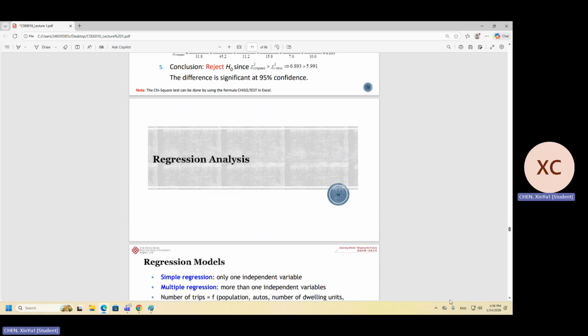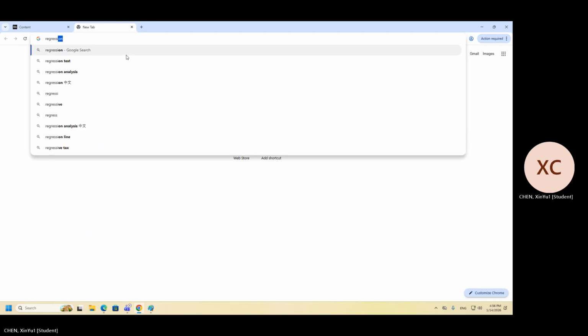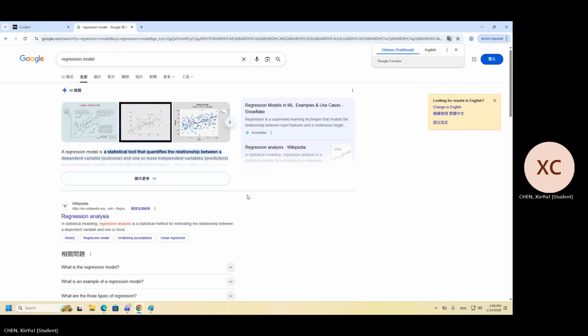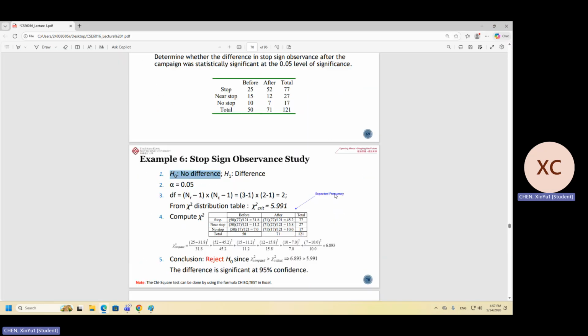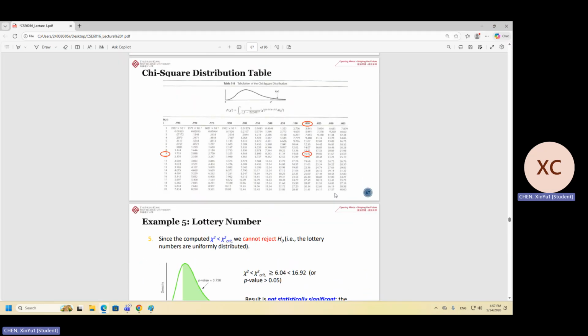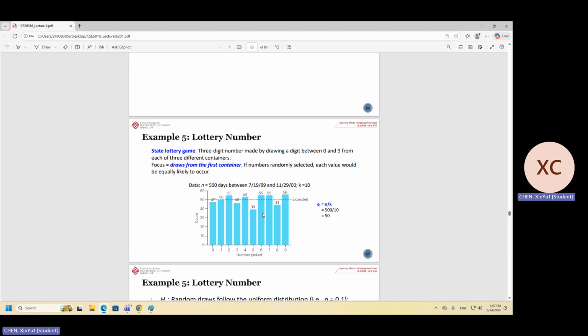So regression is quite common, even by Googling. So far, I explained some basic interpretation and basic tests about the data. But the data we are talking about is very simple, right? You can see here, very simple.